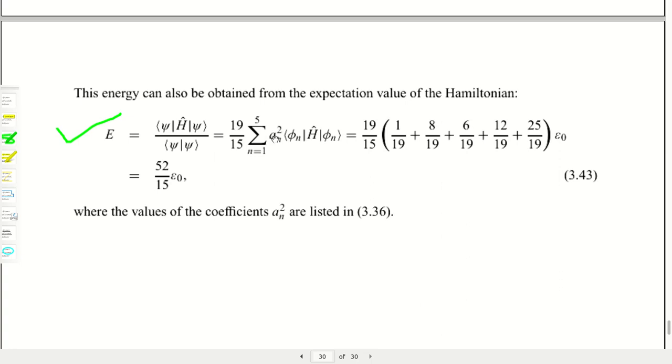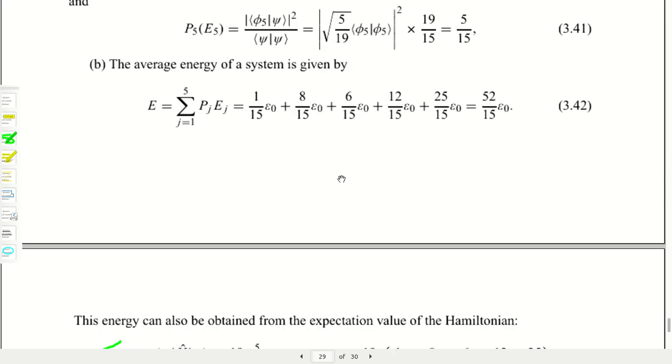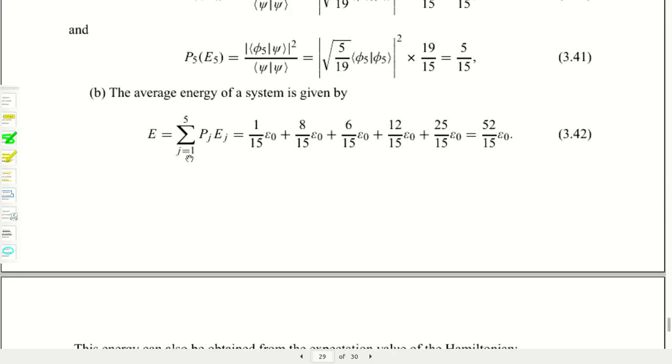So En into an square, and an square here is again the probability, so probability times the energy values will give you these terms. This can be understood if you know the time independent Schrodinger equation in eigenvalue form, and then the calculation is very easy. But at this point I am not going into the detail, just remember the conventional way, or the way you already know, to find the average value or the expectation value.